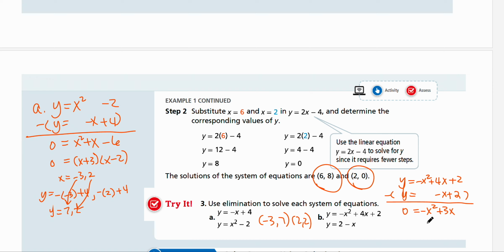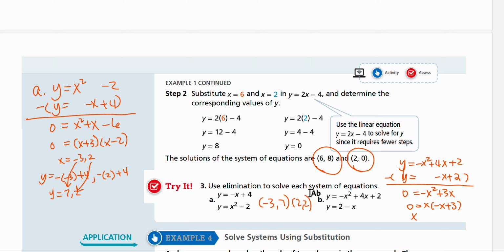Then you can factor out x right away and get negative x plus 3. So x could be 0 or negative x plus 3 is equal to 0. So x is equal to 3. Substituting your x values, y could be 0 plus 2, so 0, 2. And plug in 3.